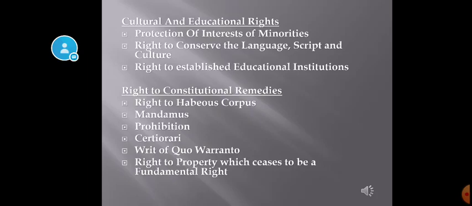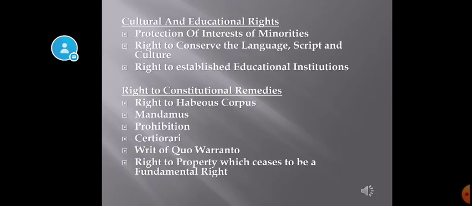Our third writ is prohibition. A writ of prohibition is issued to prevent an inferior court from exercising powers with which it is not legally vested. It directs the inferior court to keep within the limits of its authority.